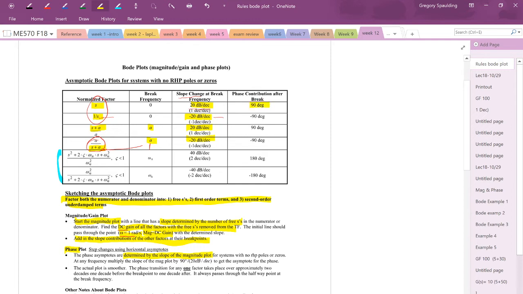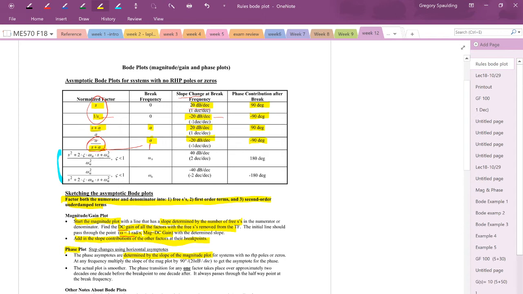If we have an S in the numerator, which creates 20 dB per decade, then we have an increase in our phase of 90 degrees. If we go minus 20 dB per decade, then we go minus 90 degrees. Plus, minus. And so in our case, we're going to find a shift at A, which is 30, of minus 90 degrees because we've got a minus 20 dB per decade.